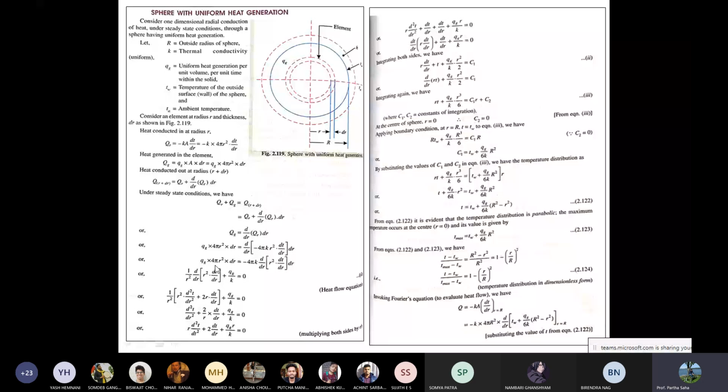So 1 by r square, when r square is constant, becomes d2T by dr2 plus, when dT by dr is constant, 2r dr dT by dr. I hope you understand. This is just a partial differential equation, plus Qg by k equal to 0. So you take r square out again, so it becomes d2T by dr2 plus 2 by r dT by dr plus Qg by k equal to 0.